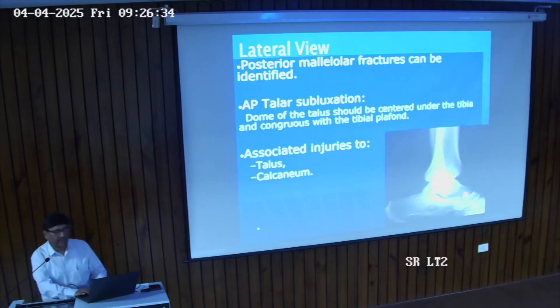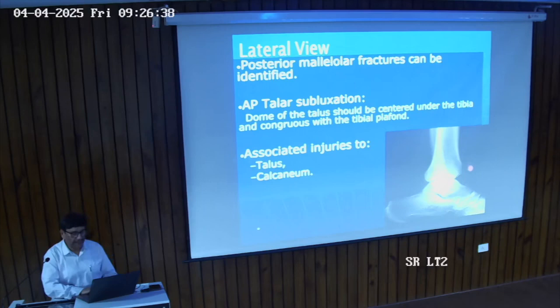Now what do we see in the lateral view? In the lateral view, this is the anterior part, this is the posterior part, that is the fibula, this is the tibia, that is the talar dome, and if this part is fractured, it is a posterior malleolus. So medial malleolus, lateral malleolus, and now we have a posterior malleolus fragment also. This can be fractured.